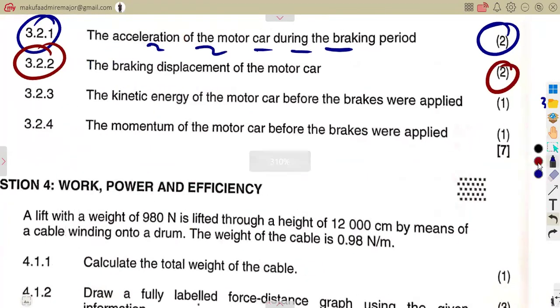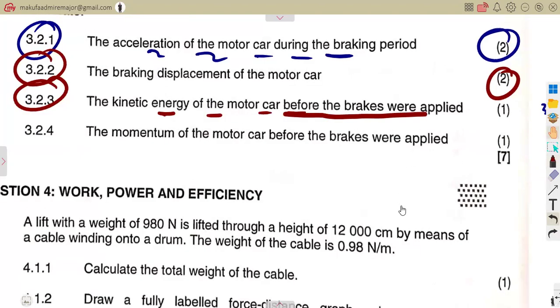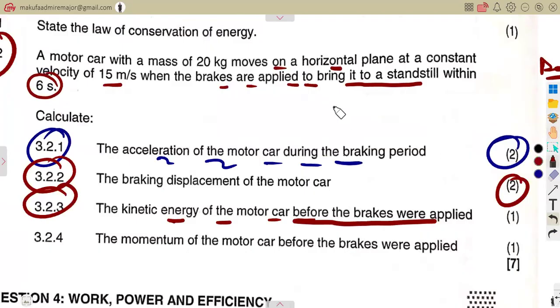3.23, sorry, that is to calculate the kinetic energy of the motor car before the brakes were applied. That is when it was moving at 15 meters per second before the brakes are applied. That means they want you to use the initial velocity that was there.